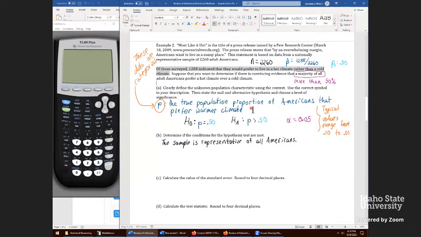P is going to be the true proportion of all Americans that prefer warmer climate. And already that looks like it is greater than 50% on the statistic. But now we're going to test if that is considered far enough away from 50% to be significant. All we know is the sample is representative, and now we're going to go for the rest of the conditions. Any questions at the moment, going through the reminder of the context?